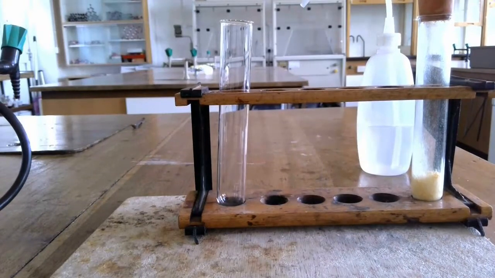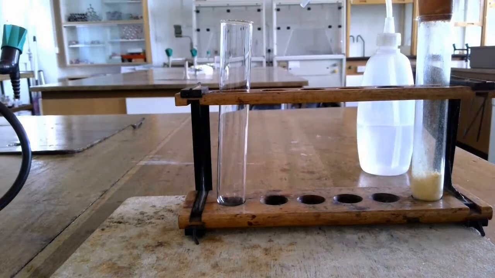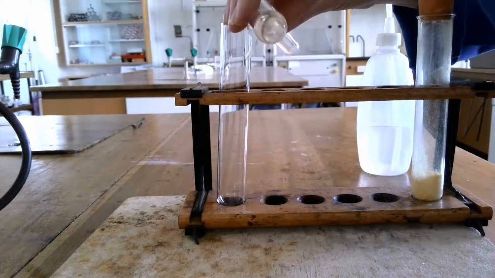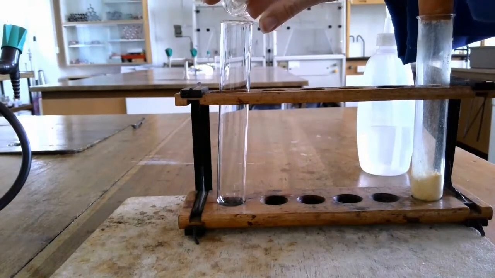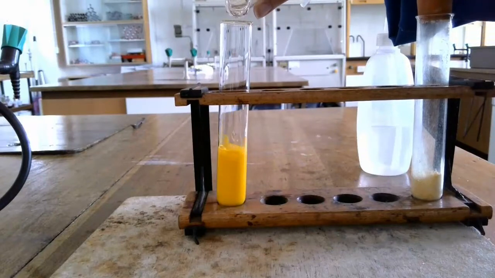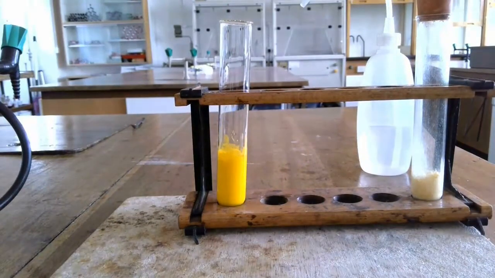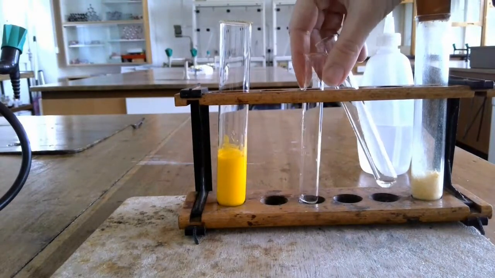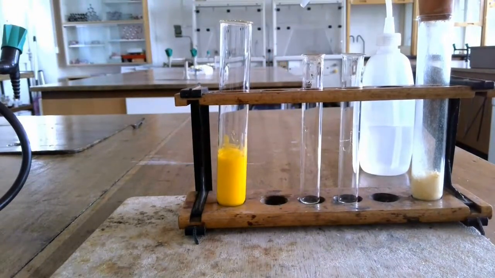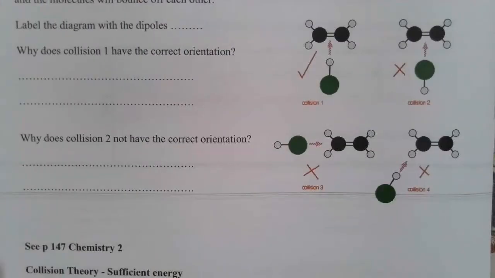And all I'm going to do is I'm going to mix both of those into my boiling tube. And I've formed there my precipitate of lead 2 iodide, and that's that bright yellow powder that you can see in my boiling tube.